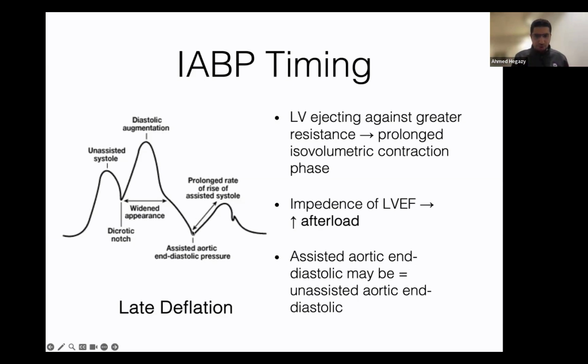You can see here that if you put a line, this end diastolic pressure right after deflation should be lower than your native diastolic. Here, it's actually high because your balloon pump is still inflated. And that's why your end diastolic pressure will be equal to or even sometimes higher than your native diastolic pressure. This tells you that the balloon is deflating late.